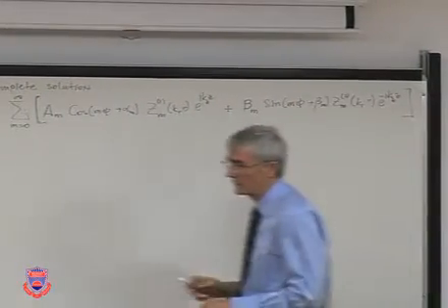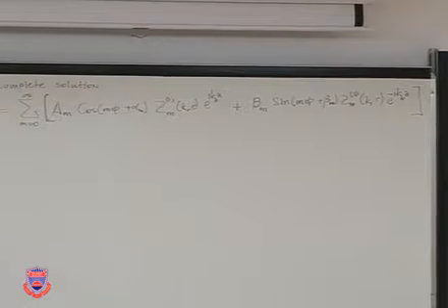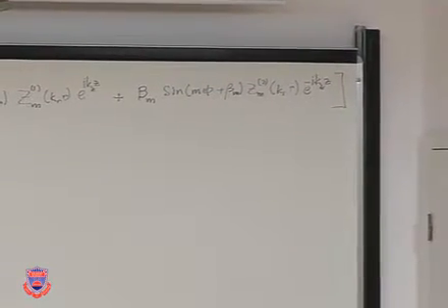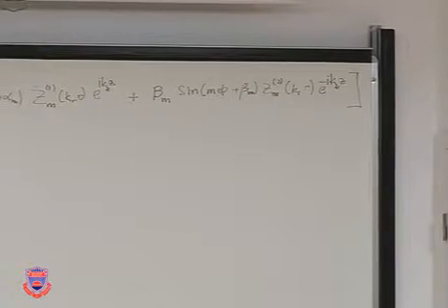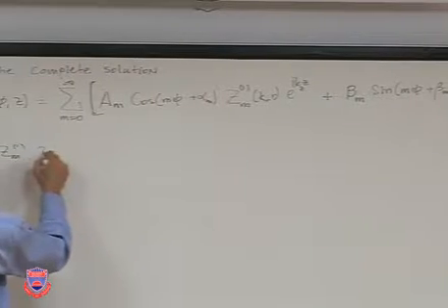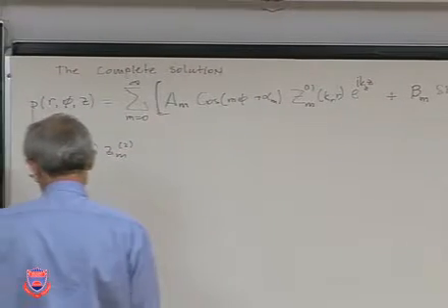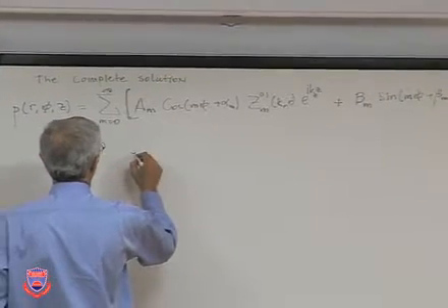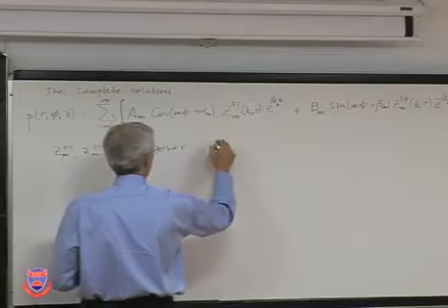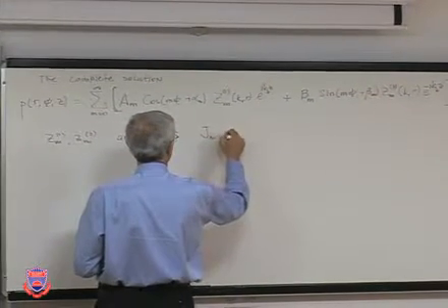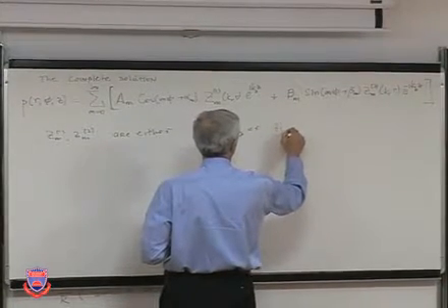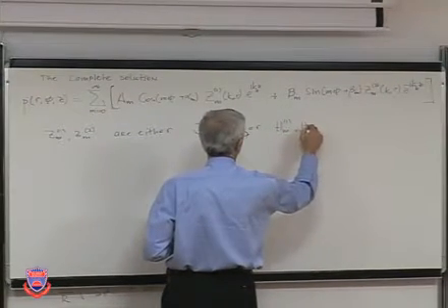Okay, this is the general solution. The Z_m1 and Z_m2 represent either J_m and Y_m, or the progressive wave pair.